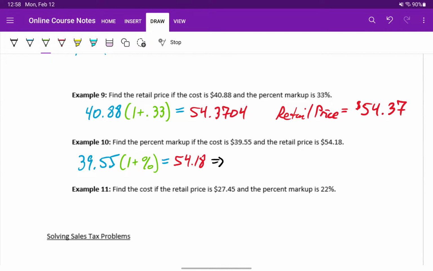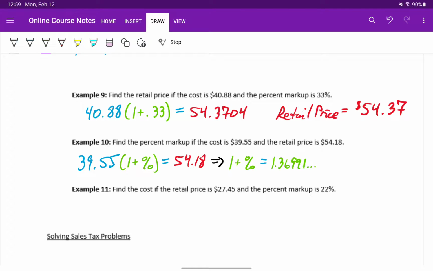The next step will be to divide both sides by 39.55, giving us 1 plus that unknown percent is equal to 1.36991 with some repeating decimals.